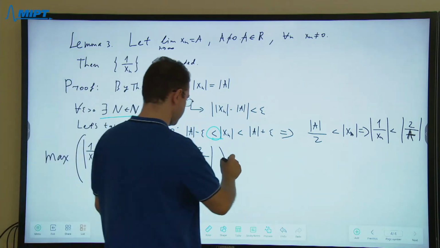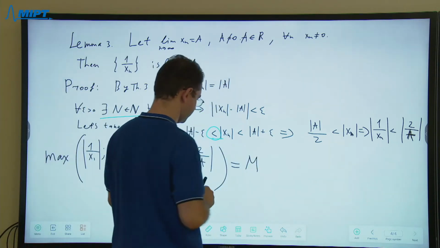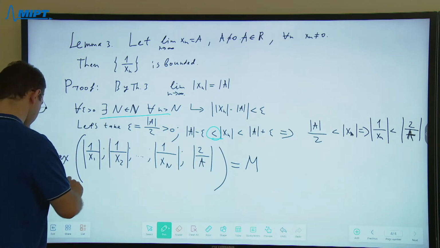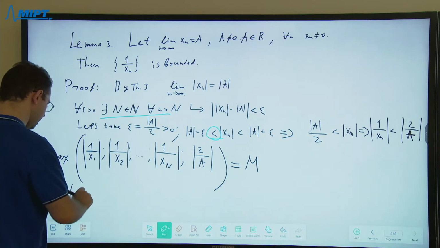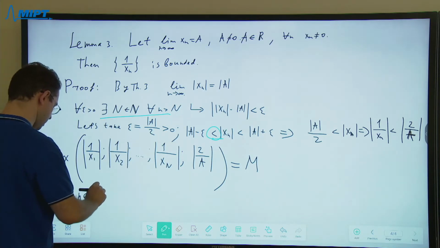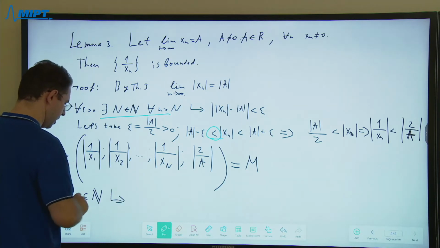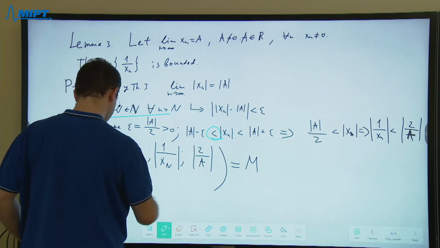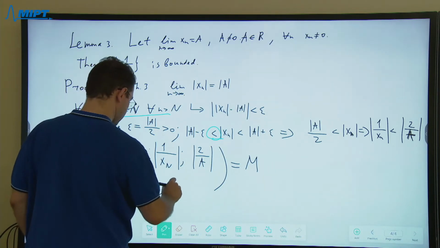Let's call this value capital M. For any natural n, I'm going to say that the absolute value of 1 over xn is less than capital M.